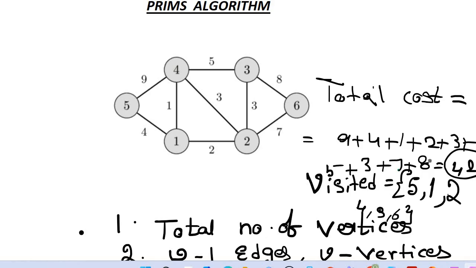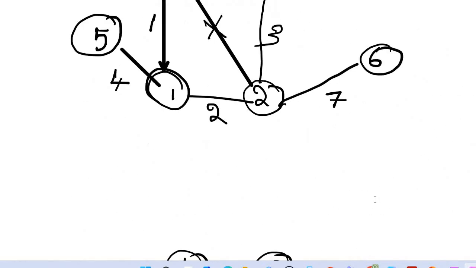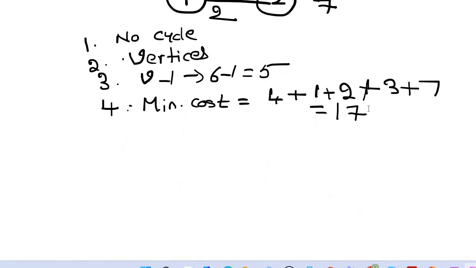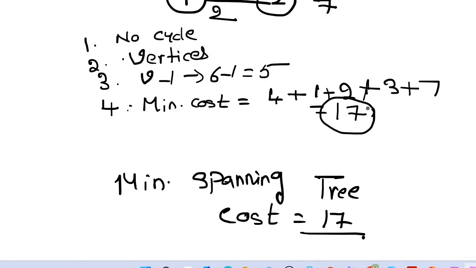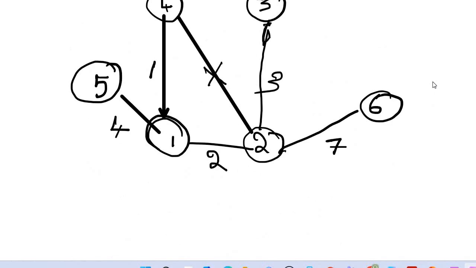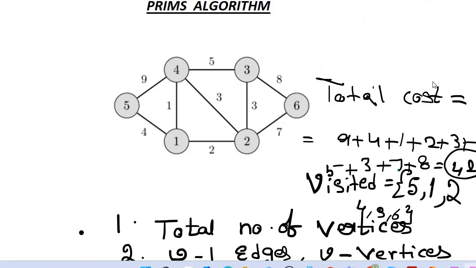Okay, so initially the total cost is 42 and now it has been reduced to 17. This is the overall minimum spanning tree cost, 17. So this is the way we have to calculate the total cost and construct the minimum spanning tree.